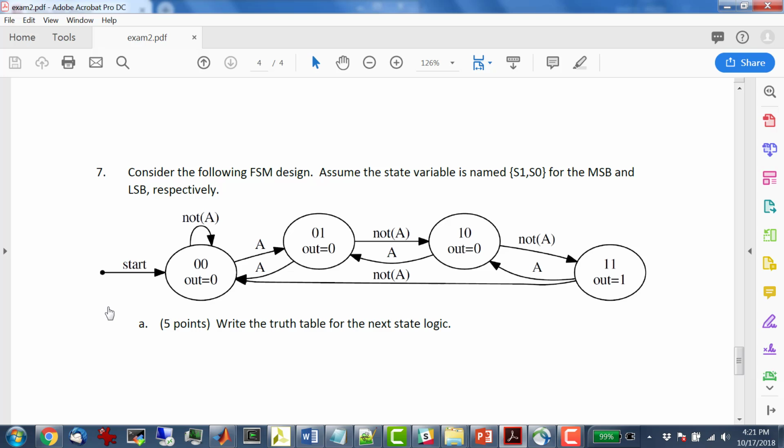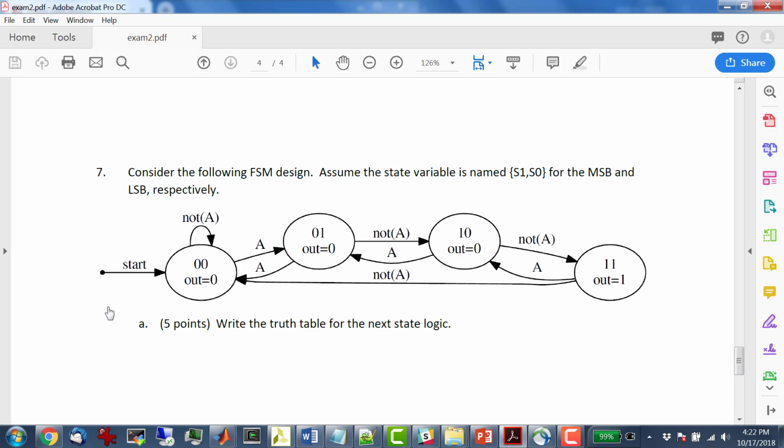each one of these transitions represents a row in this table, right? So if I'm in 0, 0, which means I'm in one of these 2 rows, and I get a 0 for A, then I'm going to stay in 0, 0.